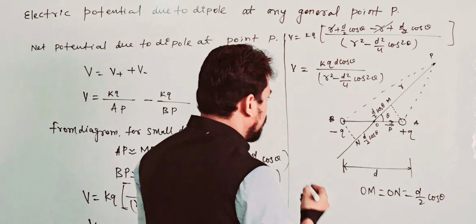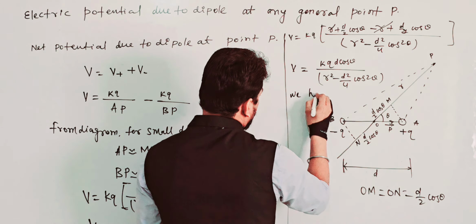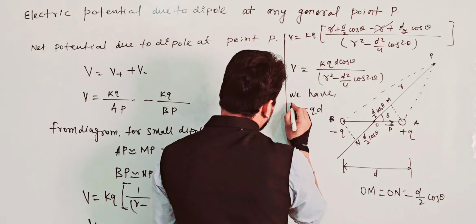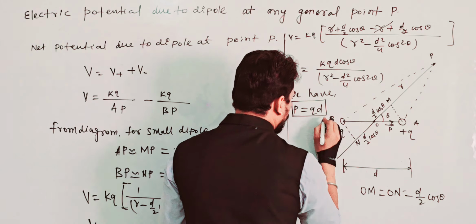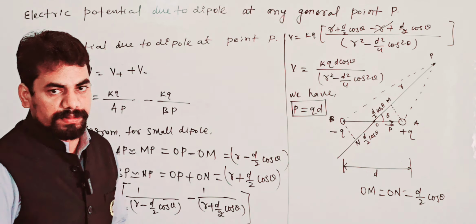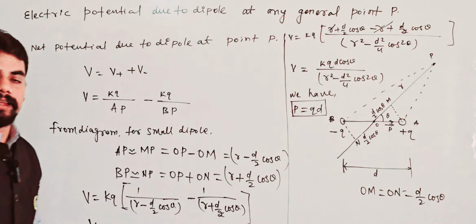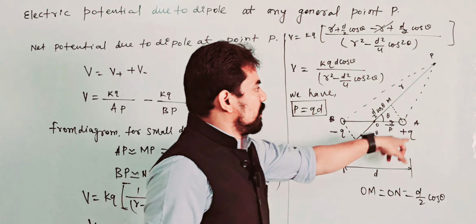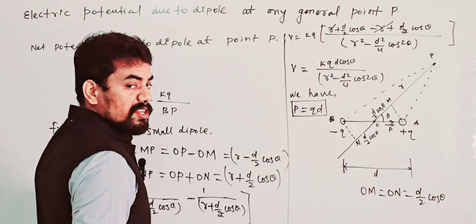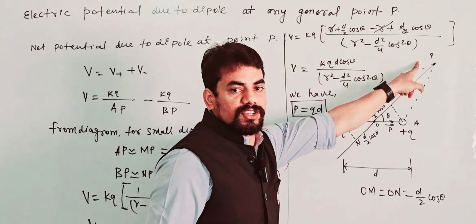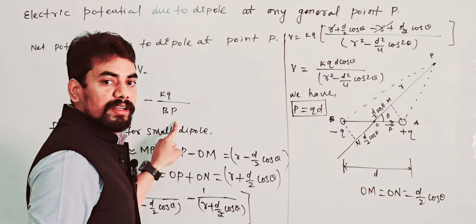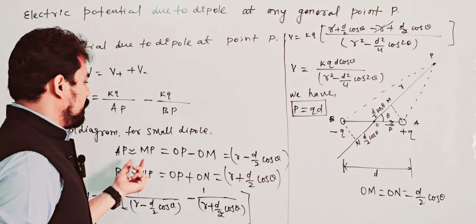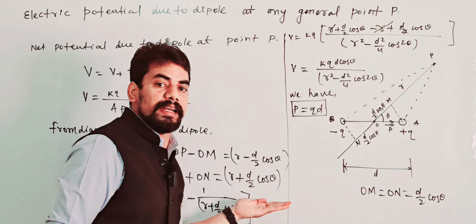What do we know? P equals Q into d. We know the electric dipole moment equals charge into separation. Any problem? Simply what we did: potential due to the positive charge, KQ by separation; potential due to the negative charge, KQ by separation, negative potential. Then we reduce AP and BP in terms of r, d and cos theta.